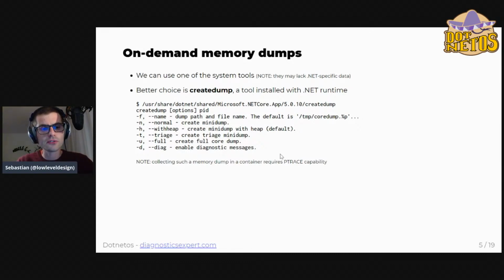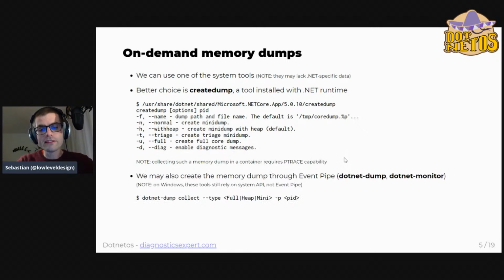It resides, as you can see on the slide, in the same folder as the libcoreclr libraries, so the .NET runtime libraries. With this tool, we can create memory dumps that are safe to use for .NET developers, and we can pick the type of memory dump. For example, normal with heap, which is probably the most popular one and also the default one, or we can create a full memory dump.